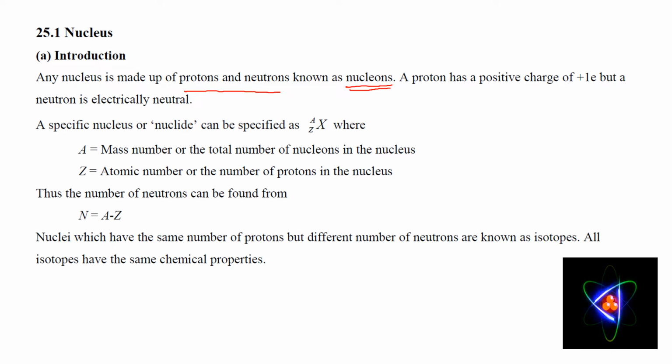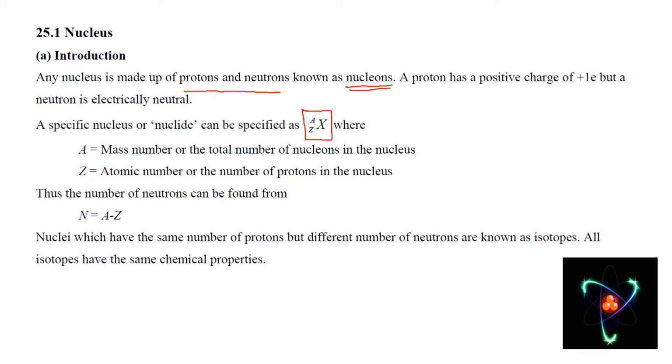A specific nucleus, or nuclide, can be specified by the symbol A, Z, X, where X is the atom.